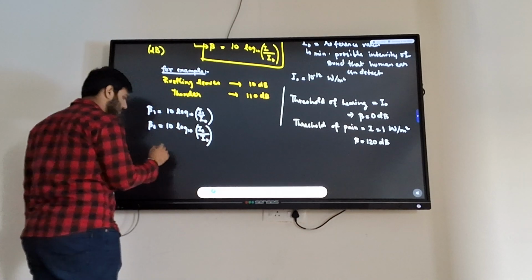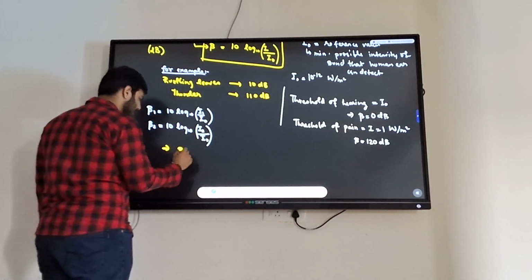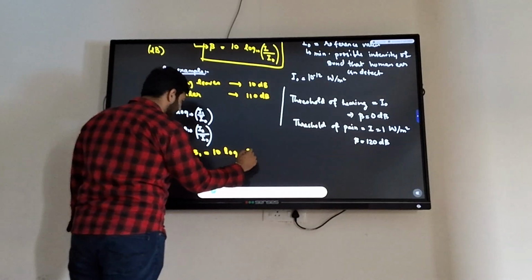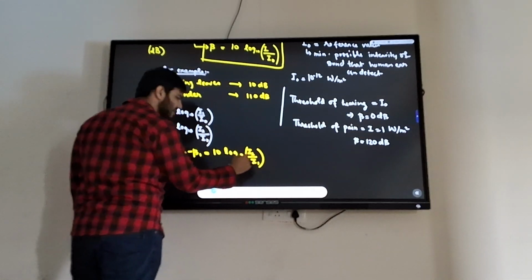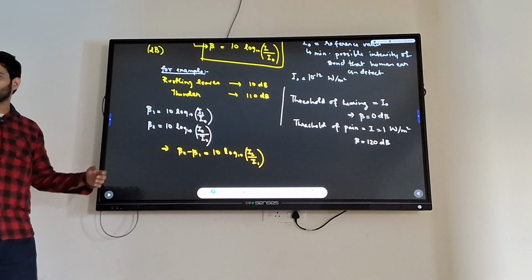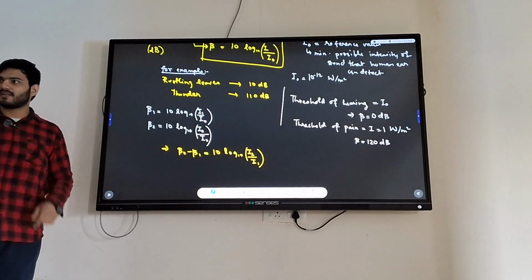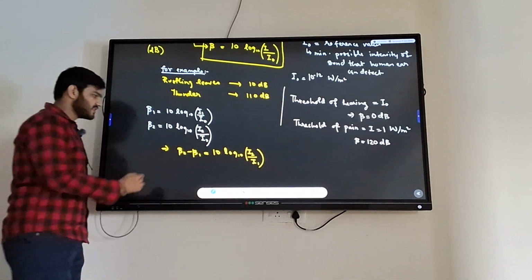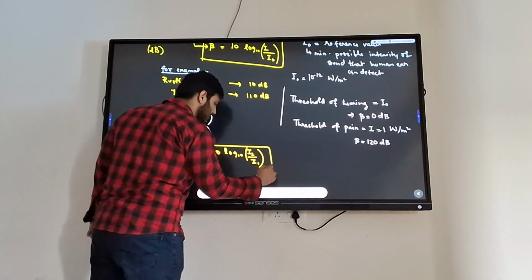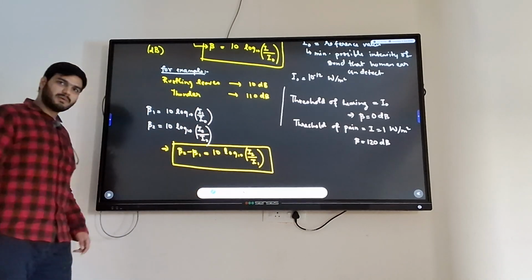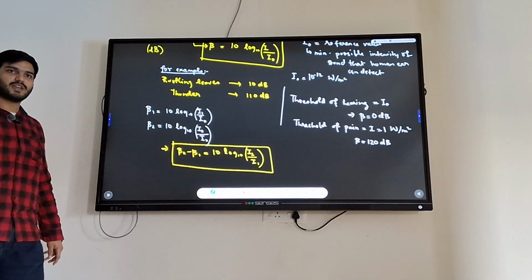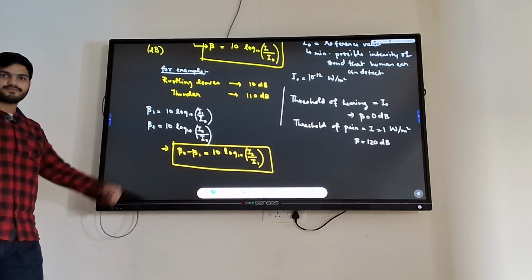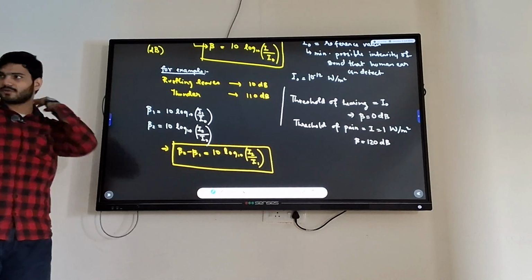Yes, this will be 10 log to the base 10 I2 by I1. Na? Everybody knows the properties of log. Log of a by b is log a minus log b, and you get this result. Is it okay? This is comparing the intensities of two different sources, or maybe from the same source at different locations, because the intensity keeps on dropping. Na?